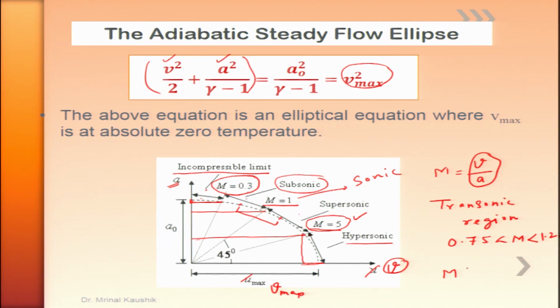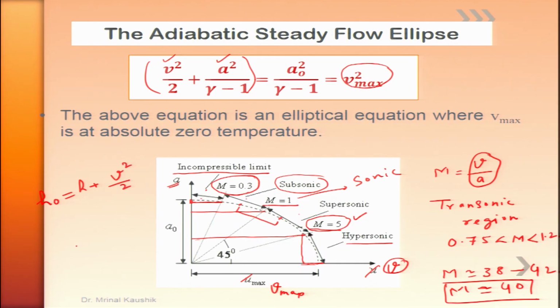But as soon as the Mach number reaches around 38 to 42 on average, approximately Mach 40, the energy equation which we have derived for inviscid non-conducting flow is h plus V square by 2. Using this, assuming a perfect gas till this Mach number, we find the temperature is of the order of around 10,000 Kelvin.